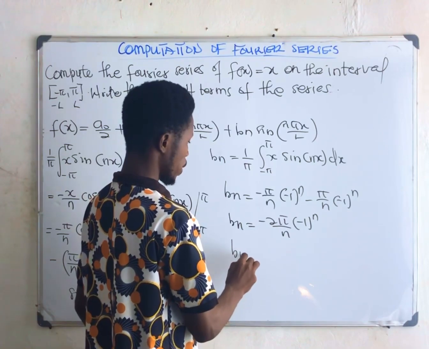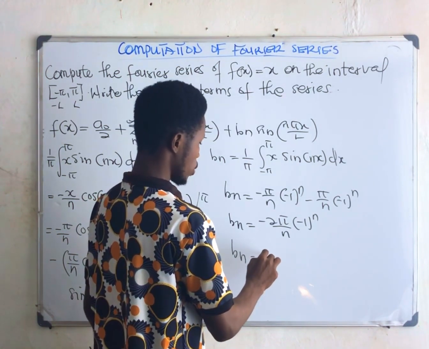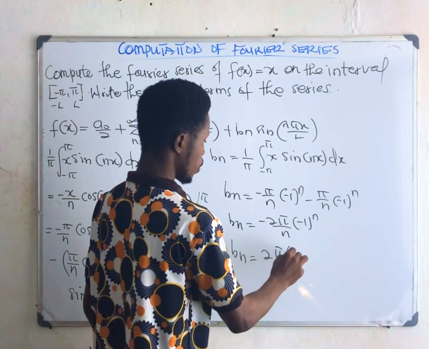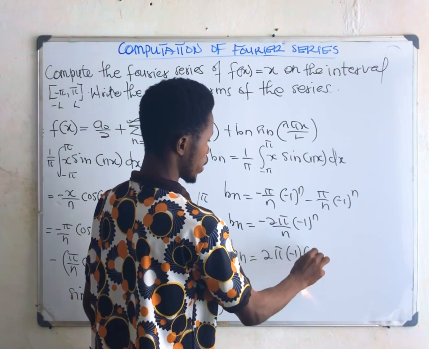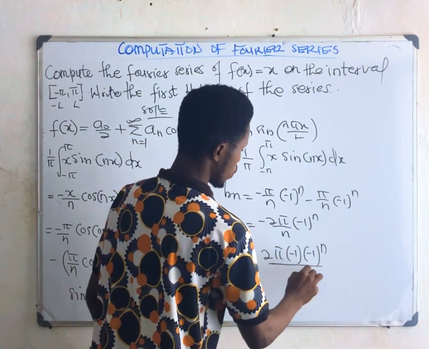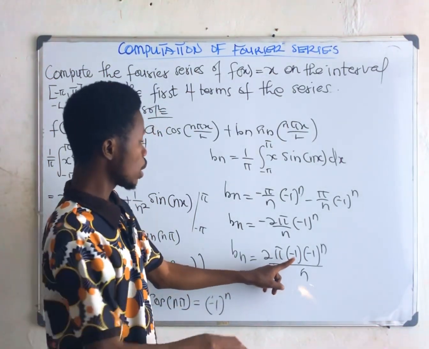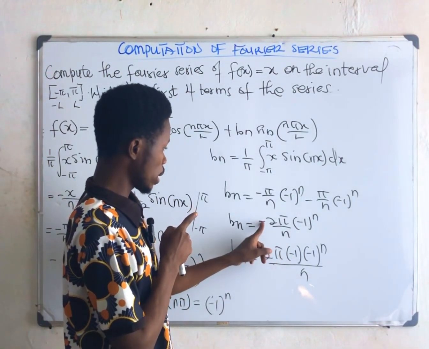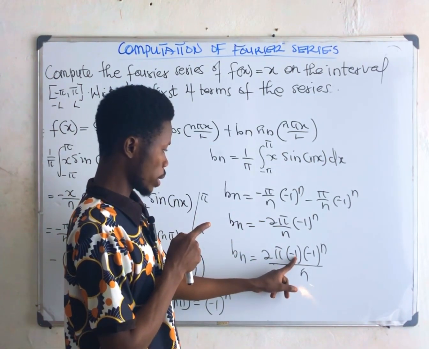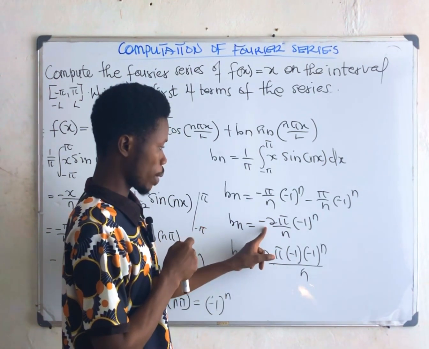Let's do some more algebra. I can write this one as 2 pi multiplied by -1 multiplied by (-1)^n, all divided by n. Do you agree? Why am I saying this? You see, this -1 here is the -1 here. If I multiply this -1 to this, I'll get this one back.